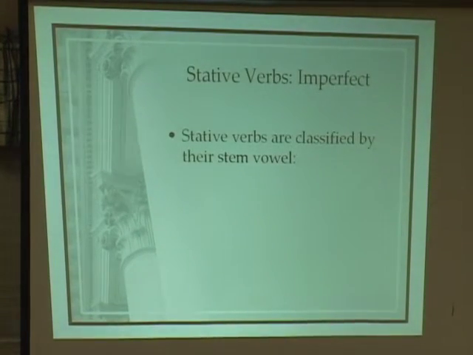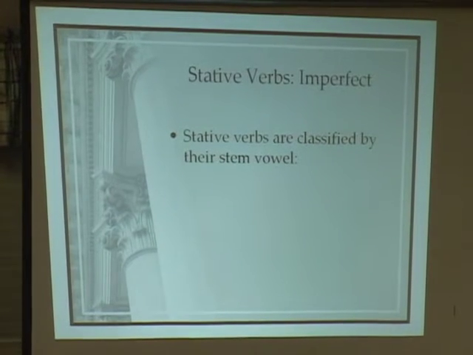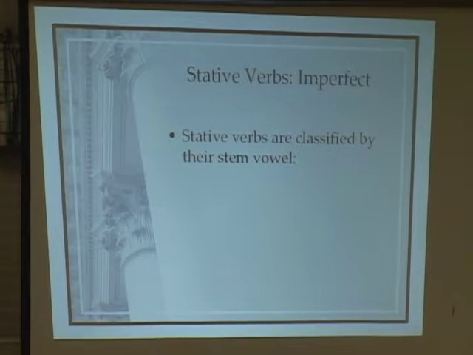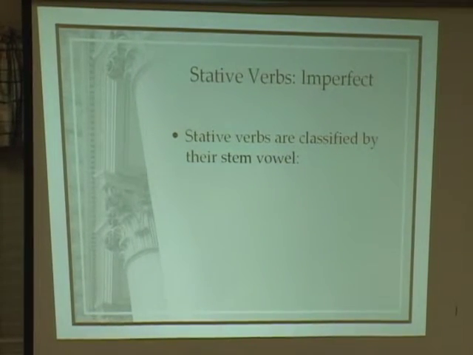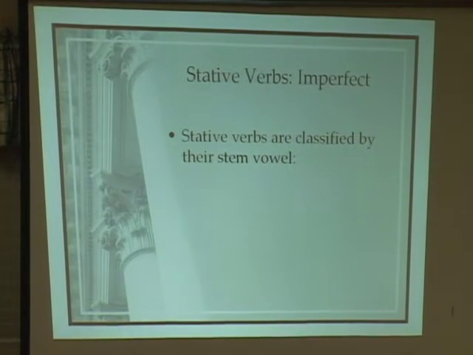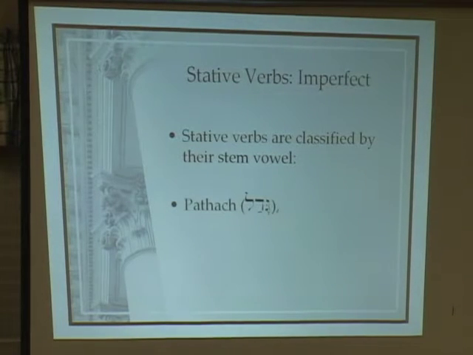And then the next portion of our class will actually look at the stative verbs. Stative verbs are the ones that are classified by their stem vowel. This is something that you have learned in the previous chapters. These are verbs that usually deviate from a normal pattern, qamets, patach, in the perfect, remember?